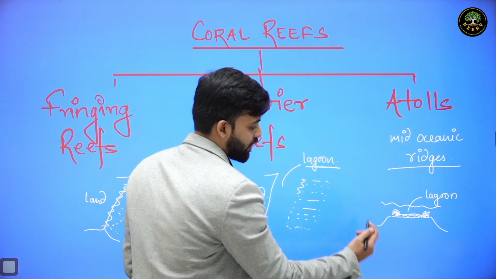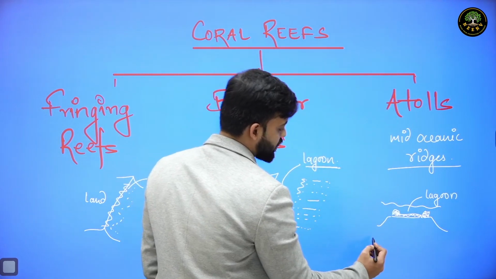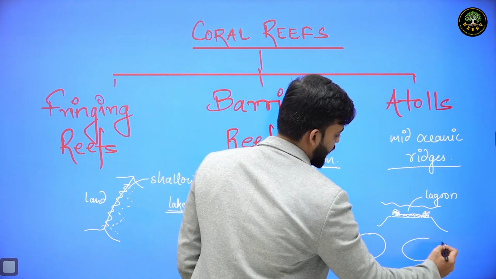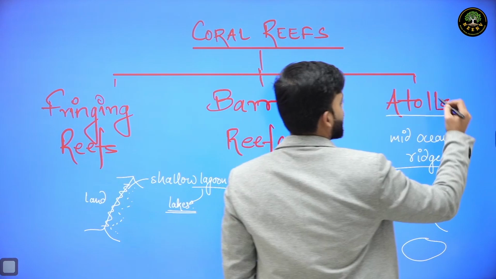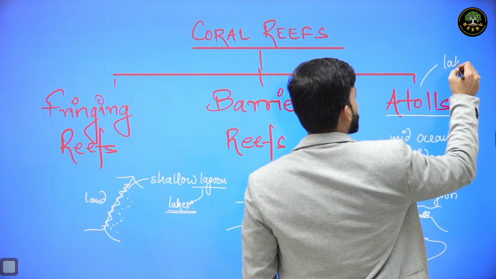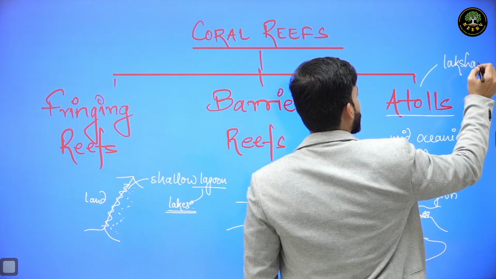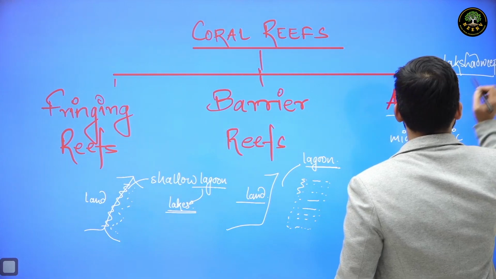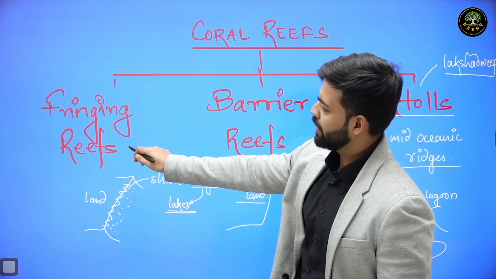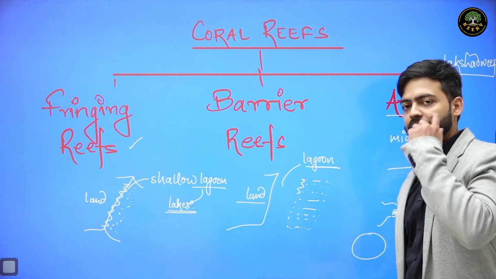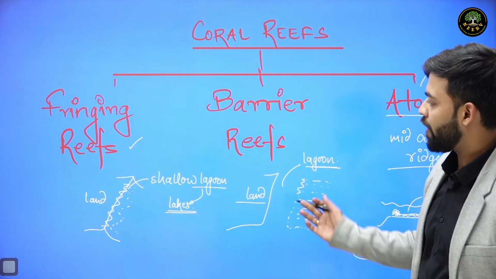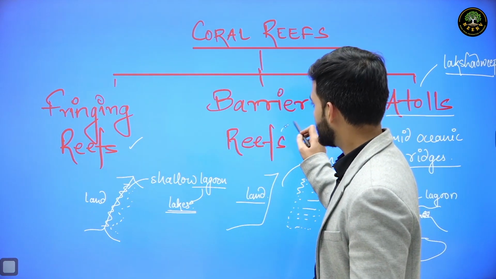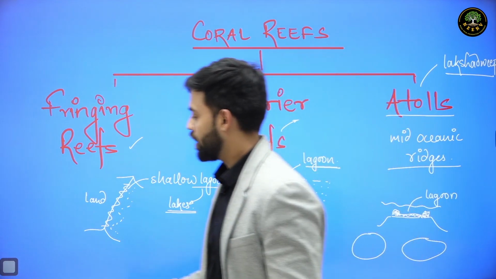So if we see the top view of atolls, it will be either circular or elliptical in shape. In India, they are formed in Lakshadweep. Fringing reefs are there in Andaman and Nicobar Islands. Barrier reefs are basically not found in India extensively, and the best example is the Great Barrier Reef of Australia.